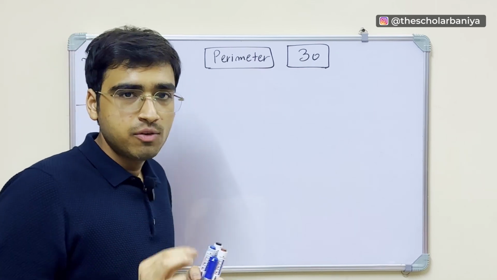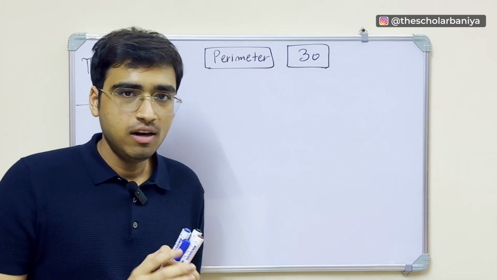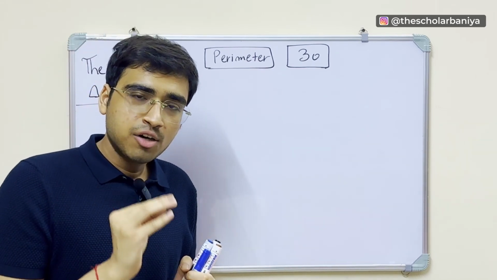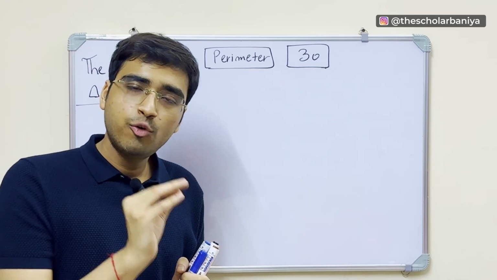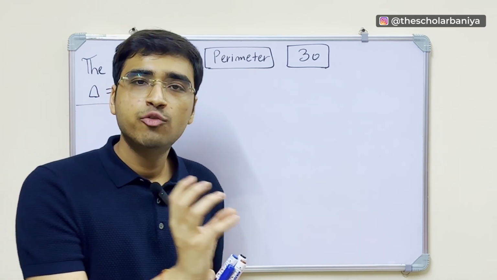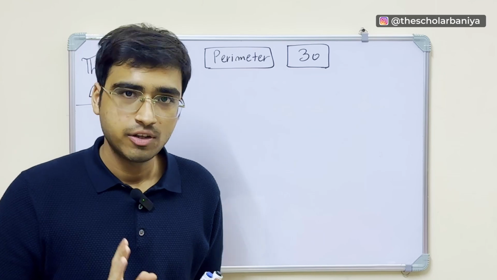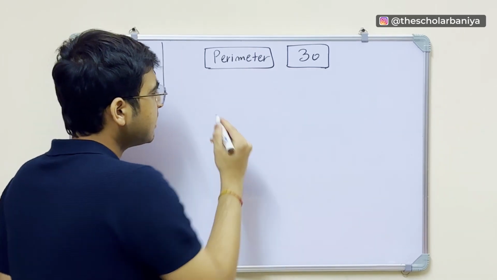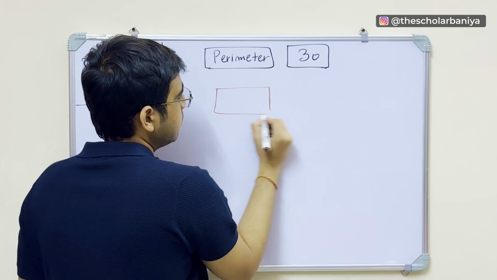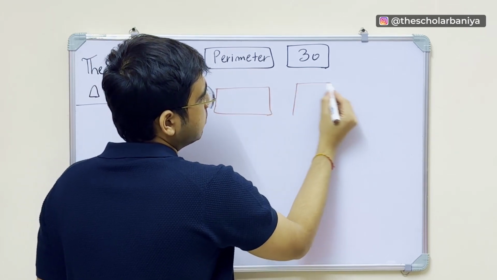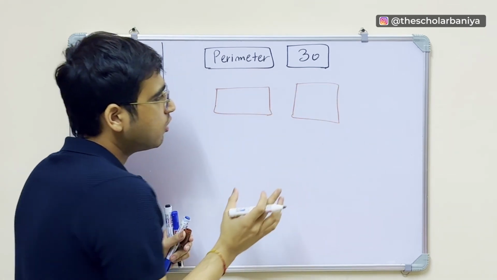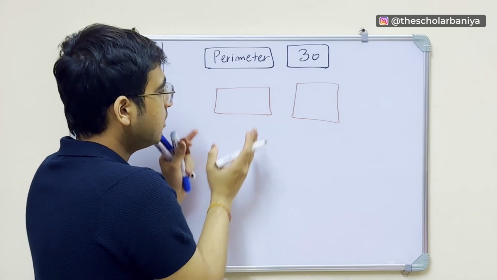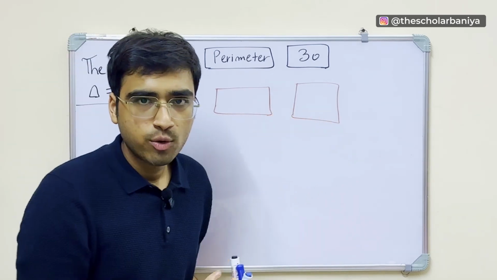First of all, tell me one thing. If we have a triangle, then the largest possible area for that triangle can be in the form of an equilateral triangle, right? For example, there is a rectangle, right? And there is a square. So basically, a rectangle is a square only, right?